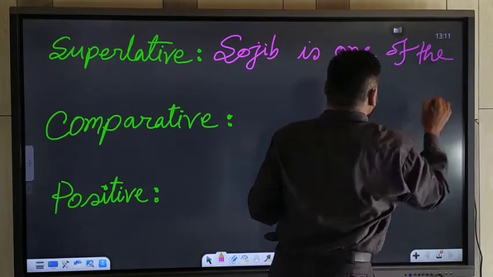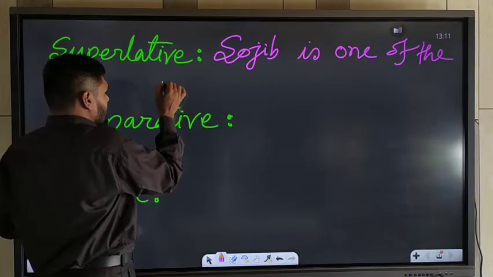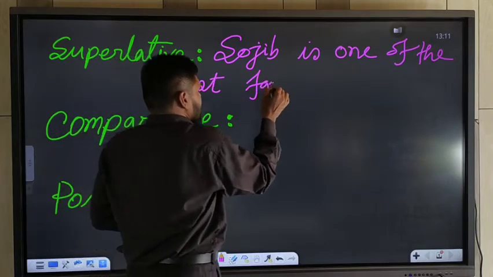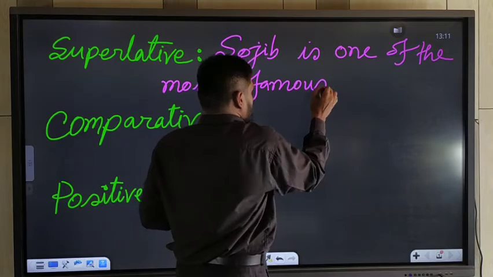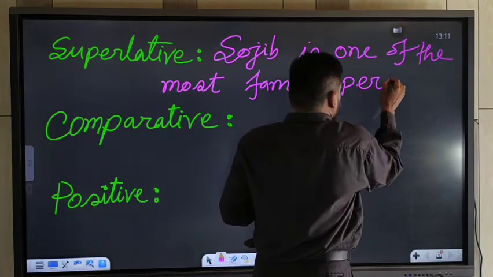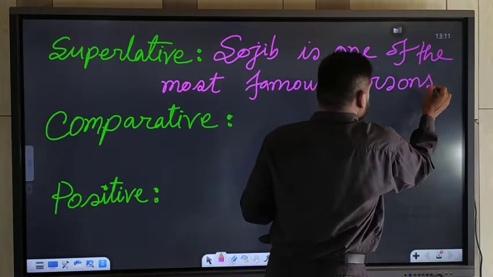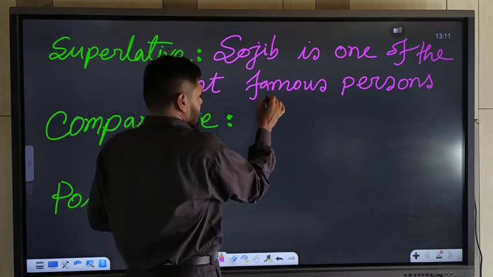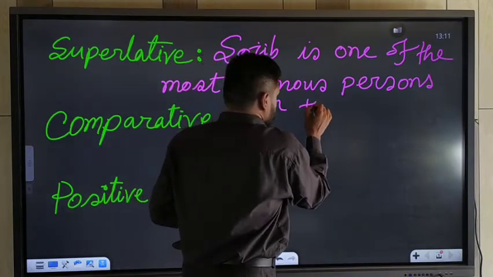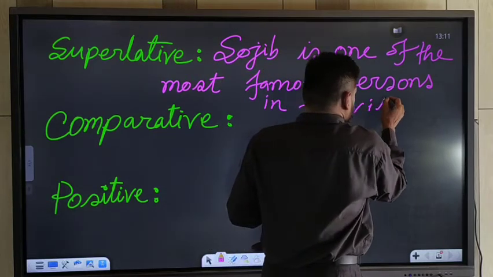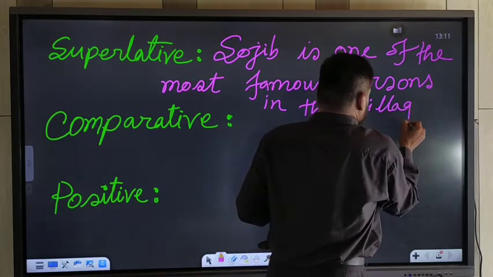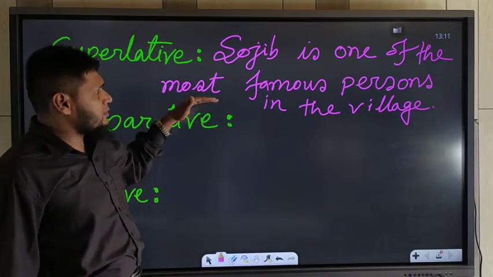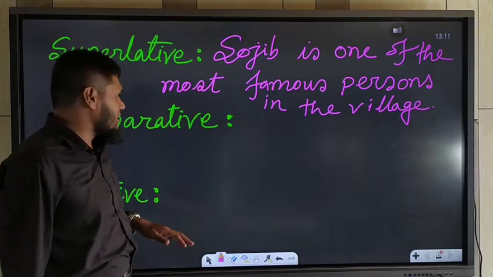So we will practice another example. Shojib is one of the most famous persons in the village.